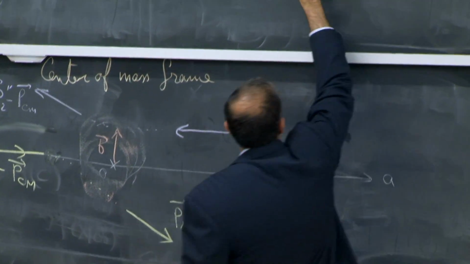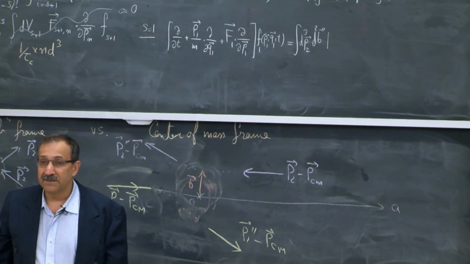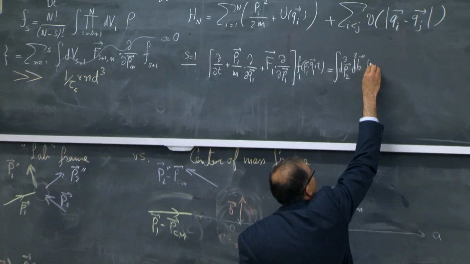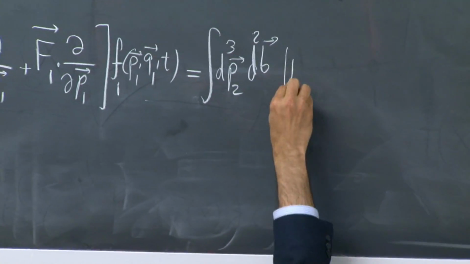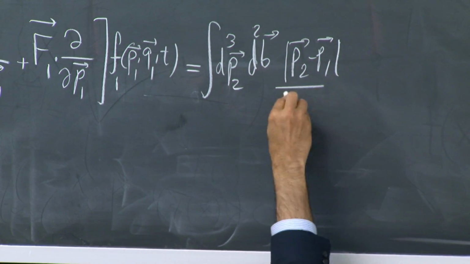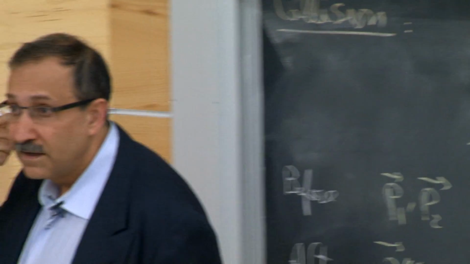So really, I have to add here a term that is related to the velocity with which these things are approaching each other. And so I can write it either as V2 minus V1 or P2 minus P1 over M. So that's the other things that I have to look at.